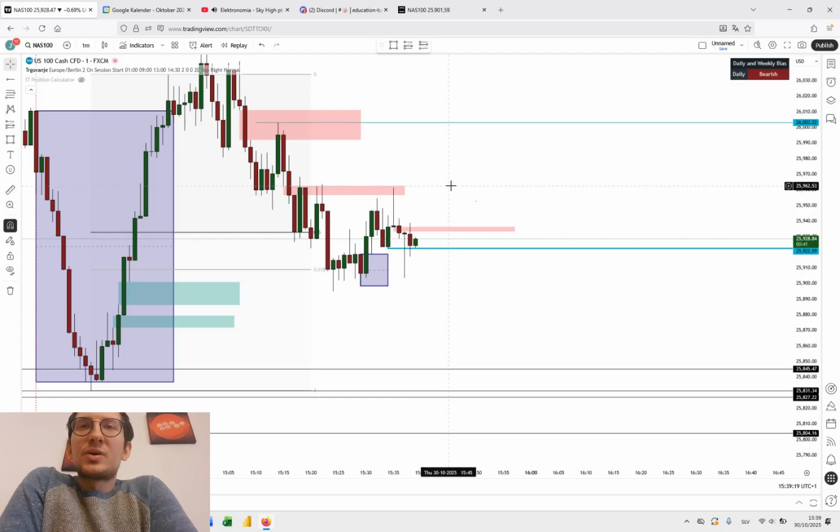We still haven't broken the structure to the downside, but we are on the, yeah, okay. Don't count the chickens before they are hatched, right? We are now printing down.